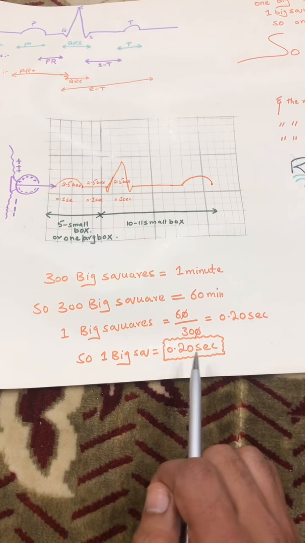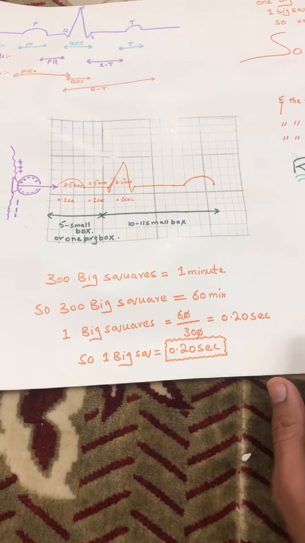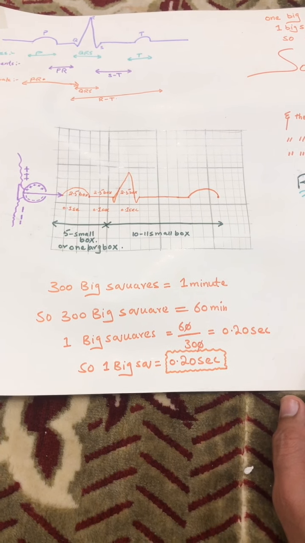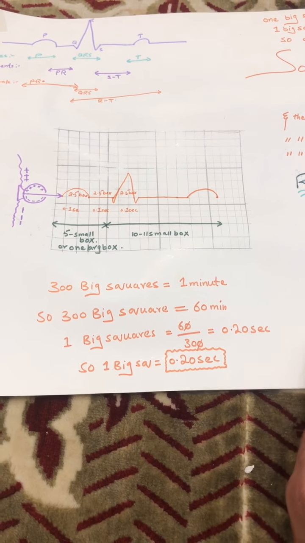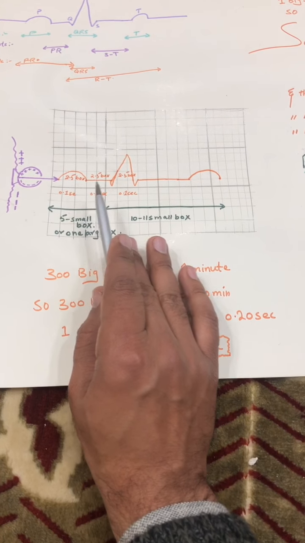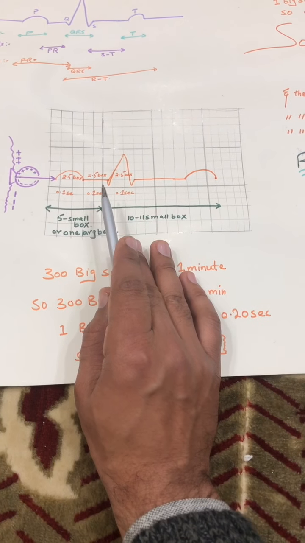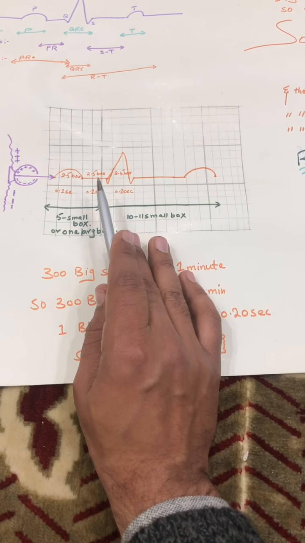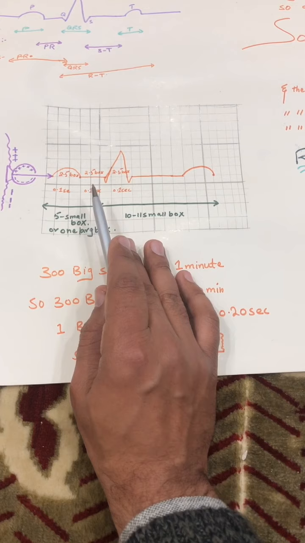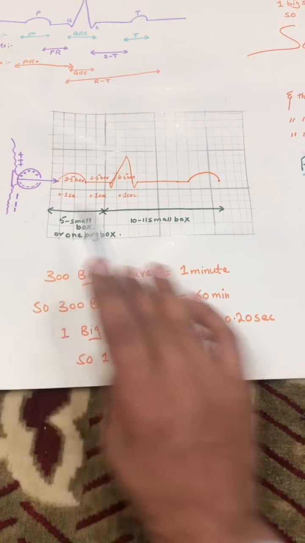So 0.20 seconds. Now we know that every big square has 5 small squares. See, 1, 2, 3, 4, 5. So how much time is needed for a small square to pass under this needle?